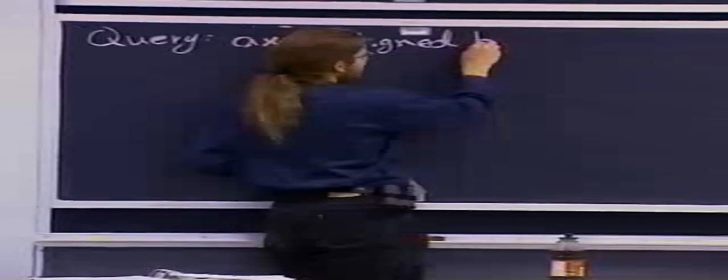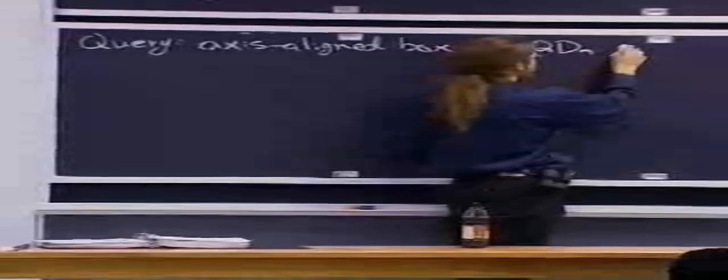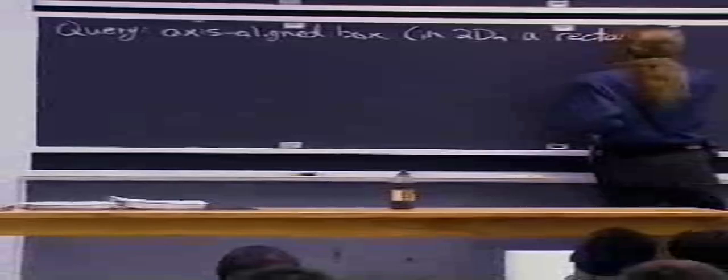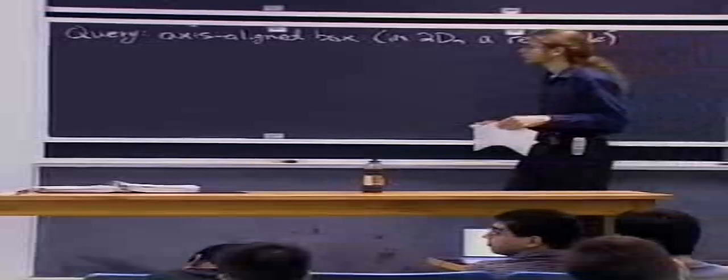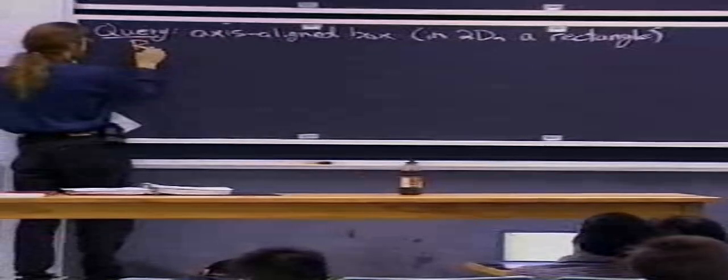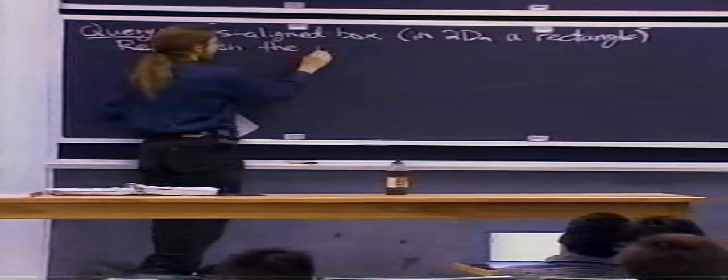So let me write this more formally. Your query is some axis-aligned box in d dimensions. But most of the time, we'll be thinking about 2D because that's a lot easier to picture. And then it's just a rectangle. But it's an axis-aligned rectangle. And what you'd like to do is report on all the points in that box.